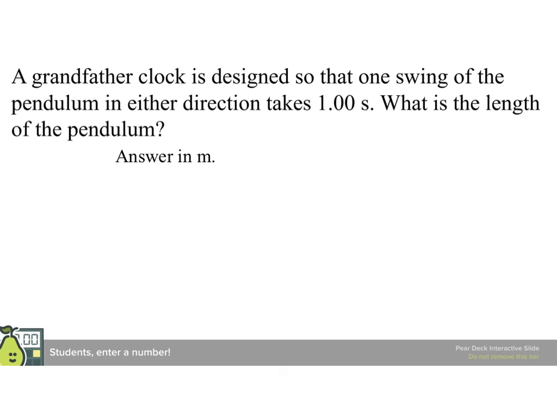A grandfather clock is designed so that one swing of the pendulum in either direction takes 1 second. What is the length of the pendulum? So here our period is 2 seconds, because they say out is 1 second and then back to the other side is 1 second. But the period is also 2π√(L/g). So let's square both sides.